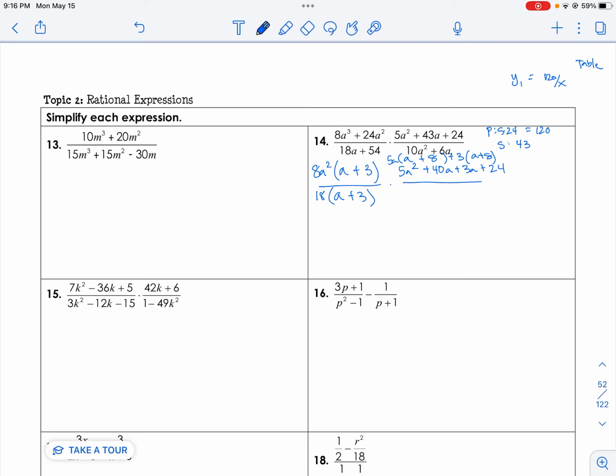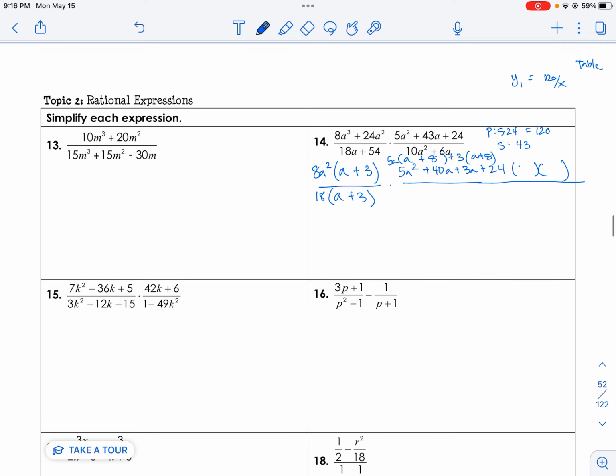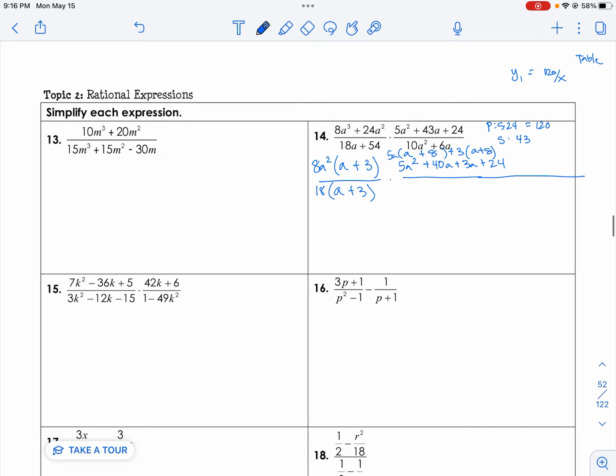And so what I end up with is parentheses, this will just be over the denominator. I would get 5a plus 3 and a plus 8.